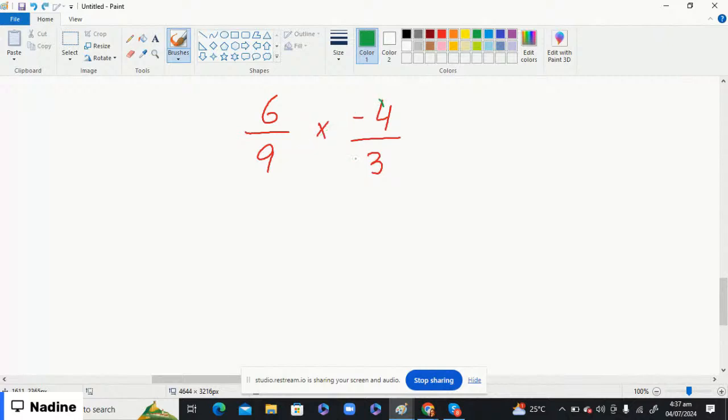Look here, 3 times 1 is 3, 3 times 2 is 6. 4 and 9 should not be canceled out because they are not the same, so we are not able to touch them. 2 times 4 is 8 with a negative sign. 9 times 1 is 9. So 8 by 9 with the negative sign is your answer. Hope you guys understand this lesson as well.